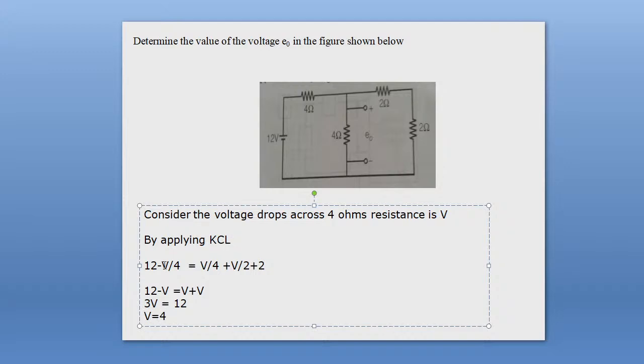It is better to write this as V1, because V is the expression of voltage. So you change it to V1, and write V1 here also. V1 equals 4 volt.